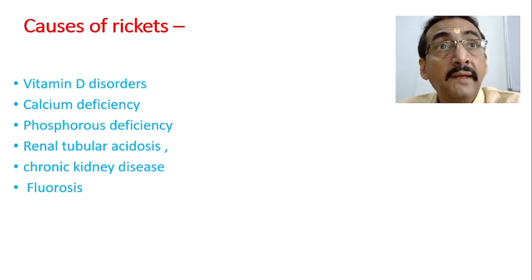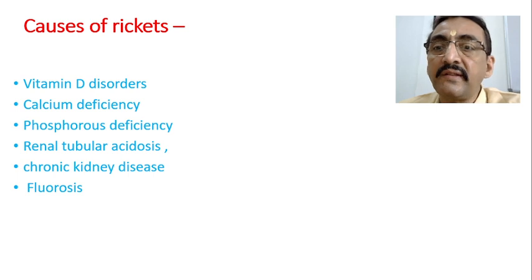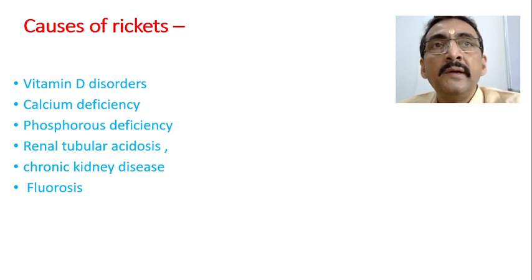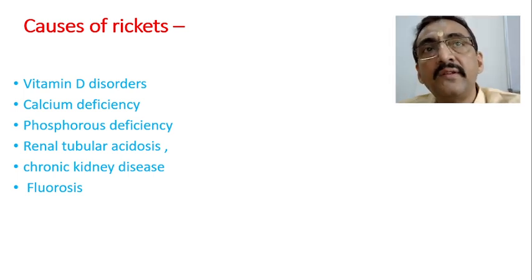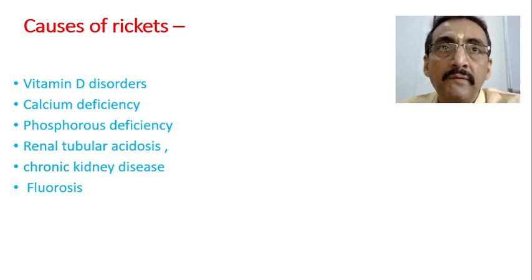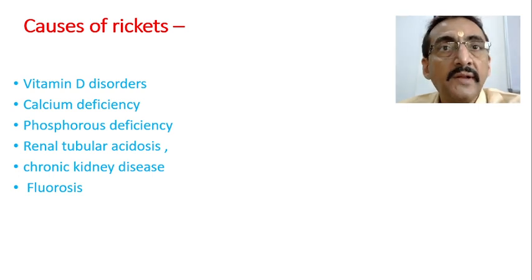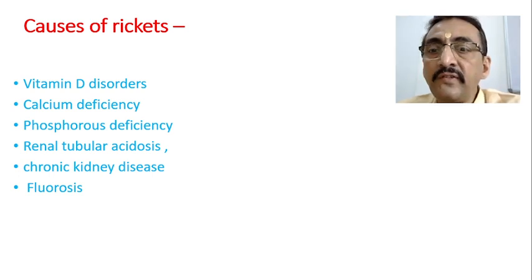That means the active form of vitamin D is there, but through the diet you are taking very little calcium, or there is some problem with calcium absorption or some other factors. That may also lead to rickets. Similarly with phosphorus deficiency.